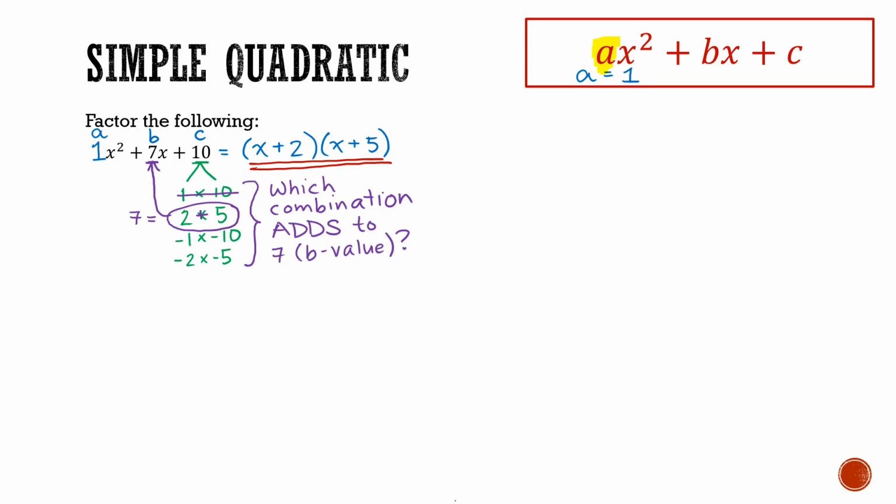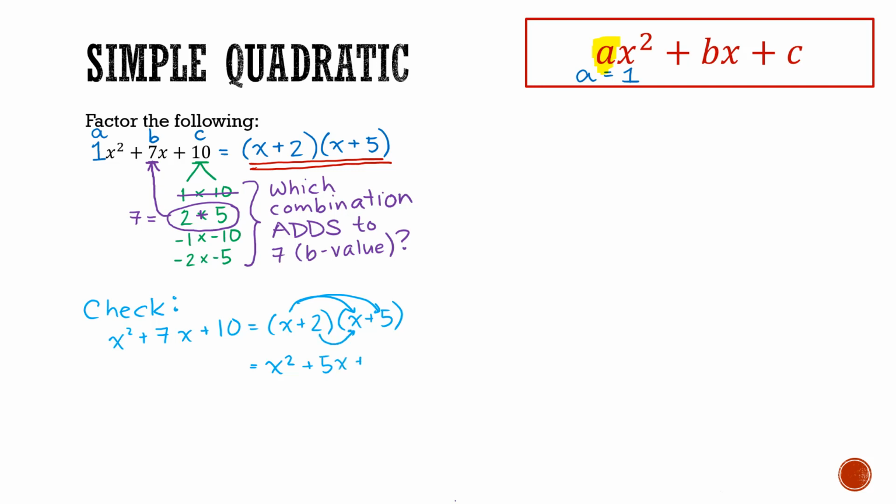Now, it's always advisable to check our work. I have x squared plus 7x plus 10, and I factored it to be x plus 2 times x plus 5. Now I'm going to FOIL out this term, so I get x times x, giving me x squared, plus x times positive 5, giving me 5x, plus 2 times x, giving me 2x, plus 2 times positive 5, giving me positive 10.